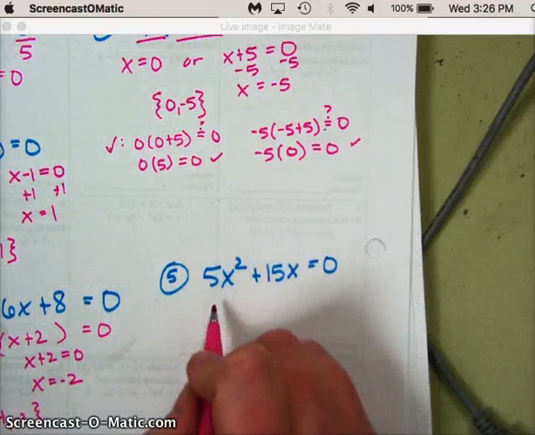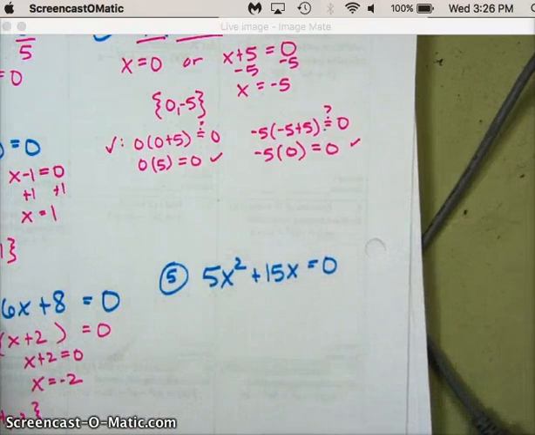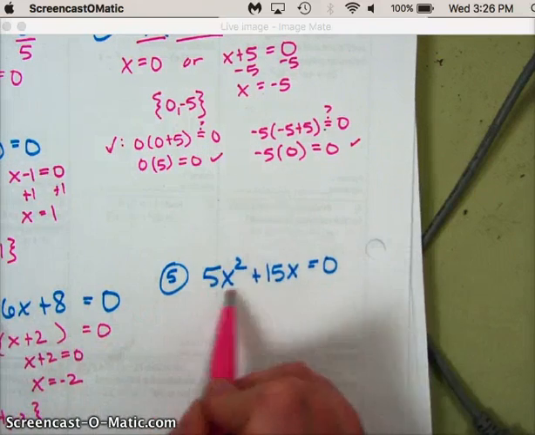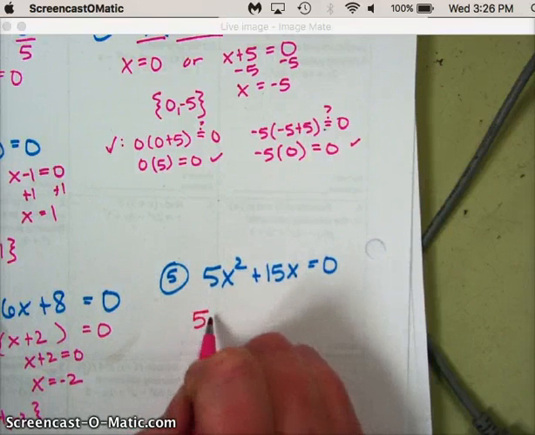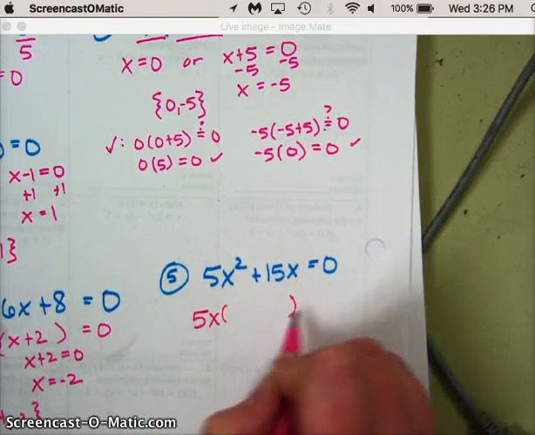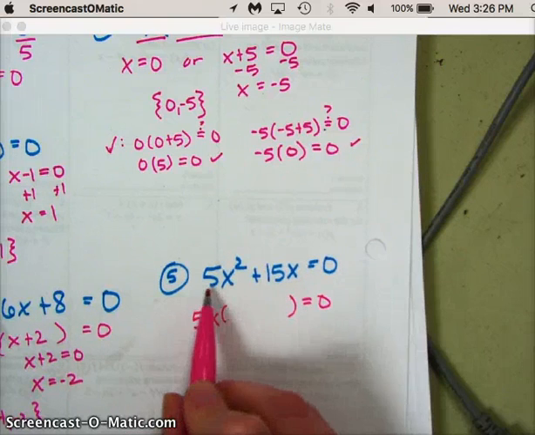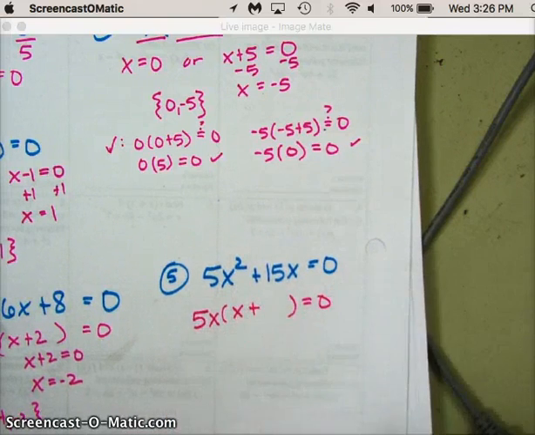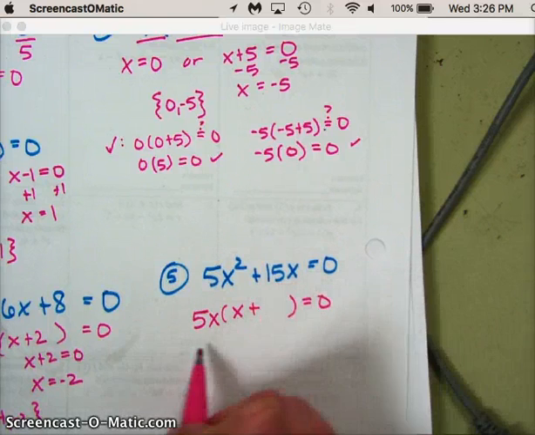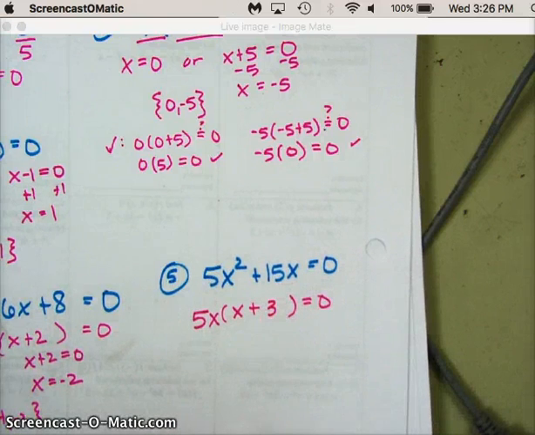So I want to try and factor the left-hand side. First, look for a greatest common factor. These two terms will share 5 and x. So if we factor out 5x, we're left with x plus, 15x divided by 5x is 3.